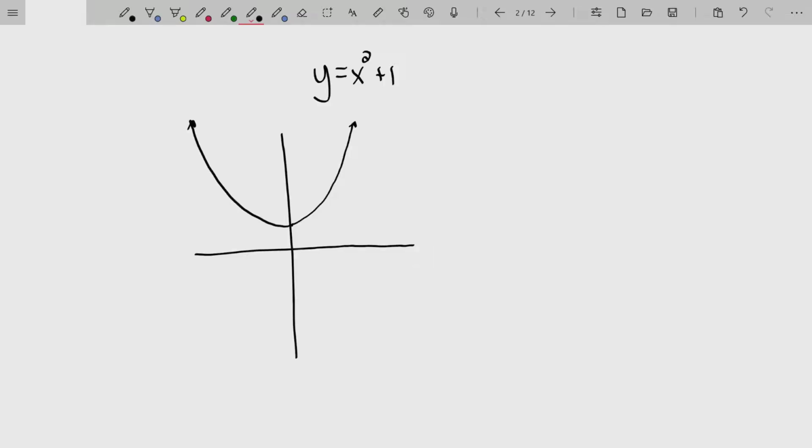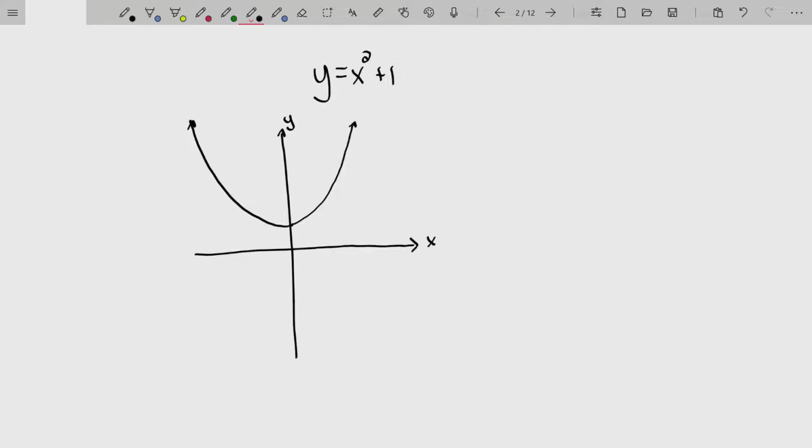Now, what you should note about y equals x squared plus 1 is that it doesn't have a 0 that you can see. The 0 for this function is non-visible, or invisible, I guess is the proper word, because the zeros for this are actually in the complex plane, not on the real axis.